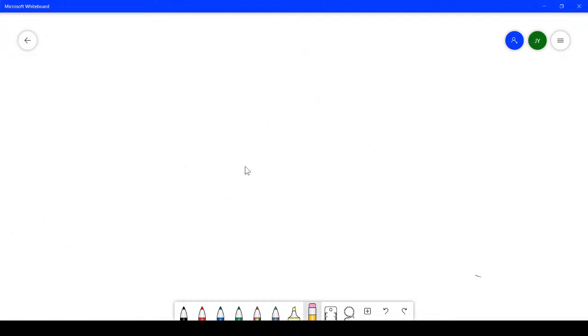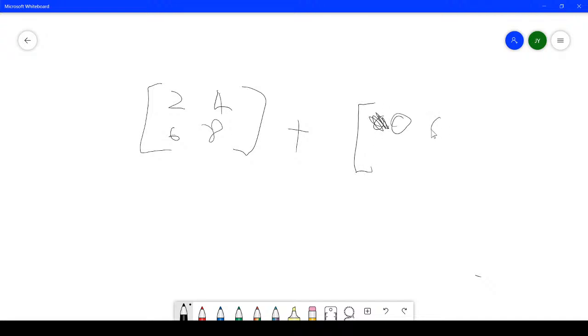What about adding different matrices to each other? So, say we add 2, 4, 6, 8 plus 0, 0, 3, 1. What would this equal?